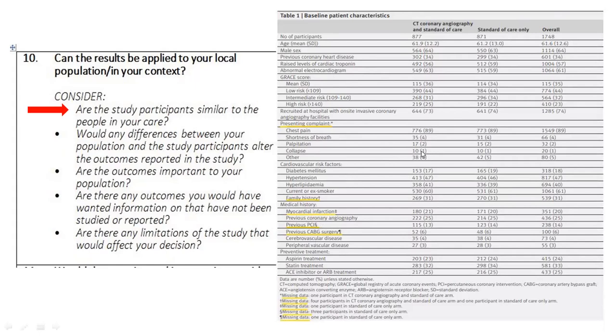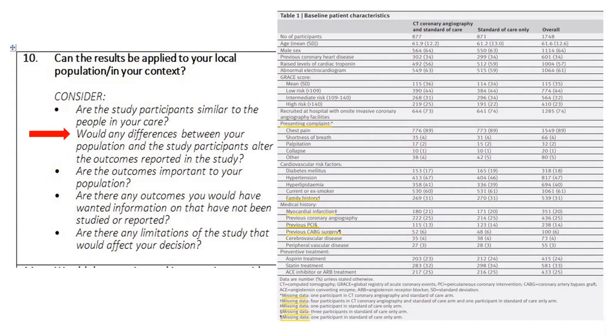It says it is randomized, and if we look at both arms, CT coronary angiography and standard of care only, they are similar, and similar to the UK, and Doncaster as well. So the answer will be yes for this one.